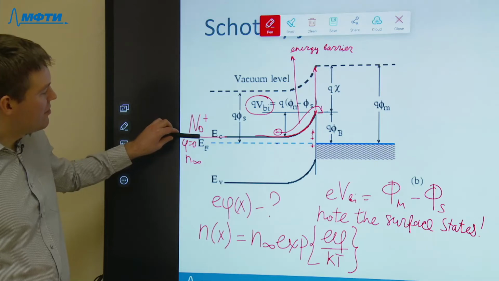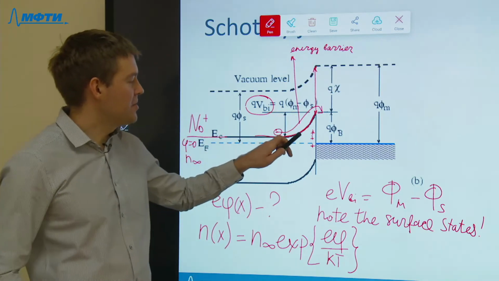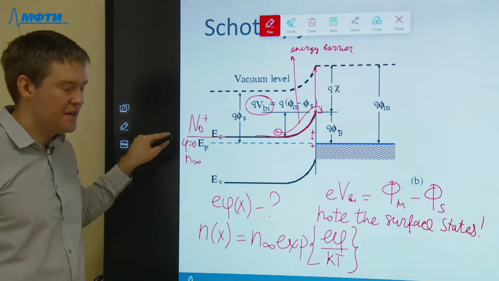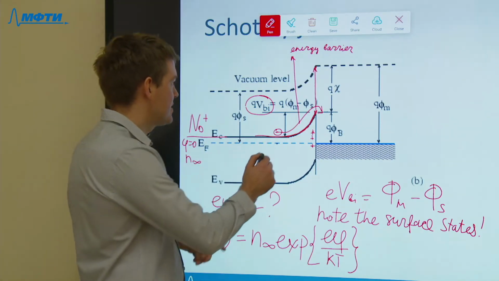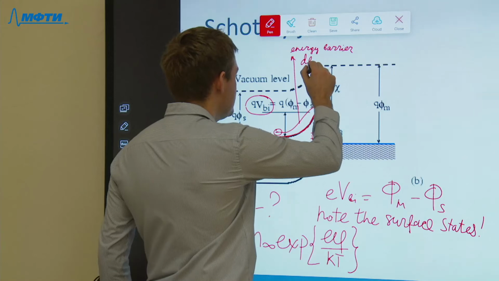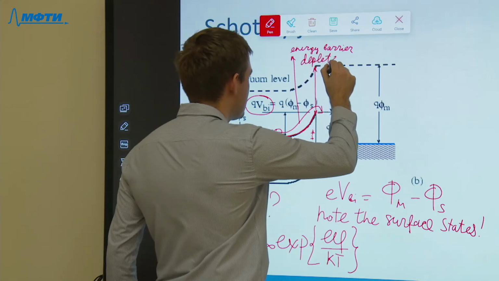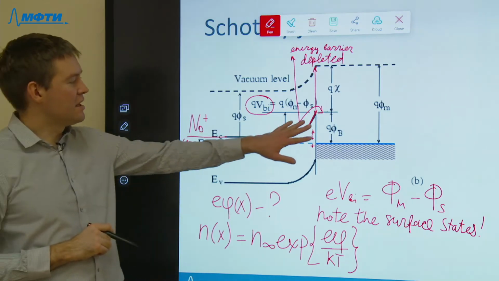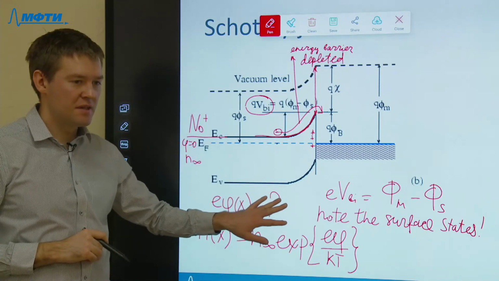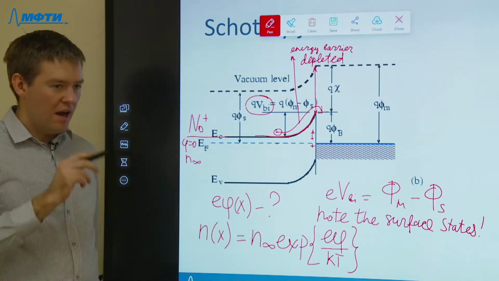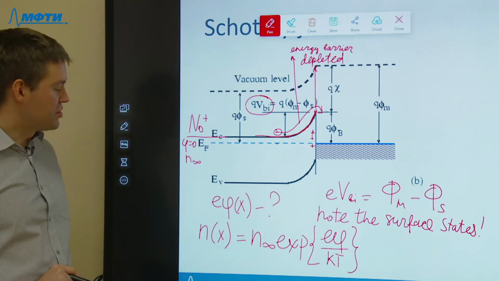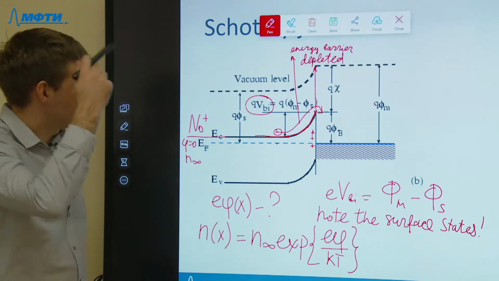Here the potential energy goes up. It means that potential is negative here with respect to infinity, and it means that this area is depleted. It means that there is a very little amount of electrons here.